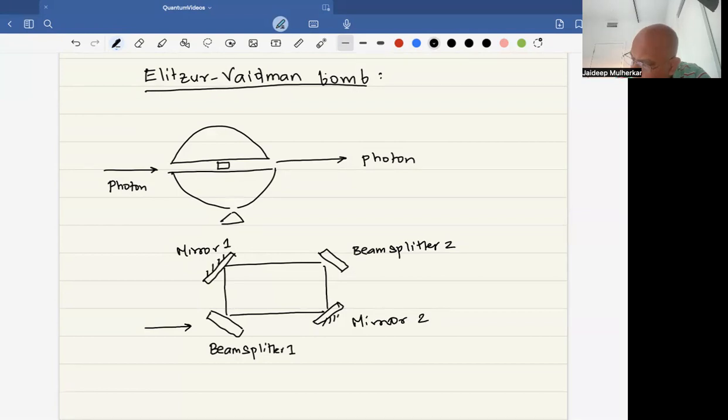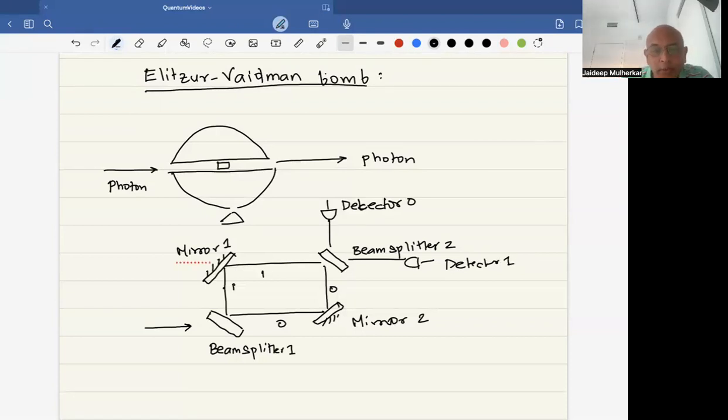And also there are detectors. So if I say that this is path 0, then a detector over here is there. So detector 0. And if this is path 1, then there is also a detector 1.